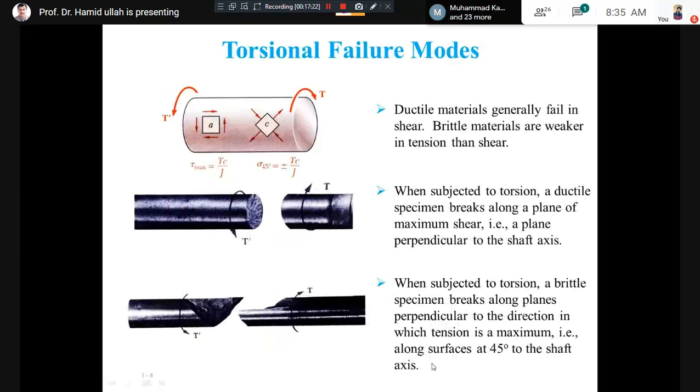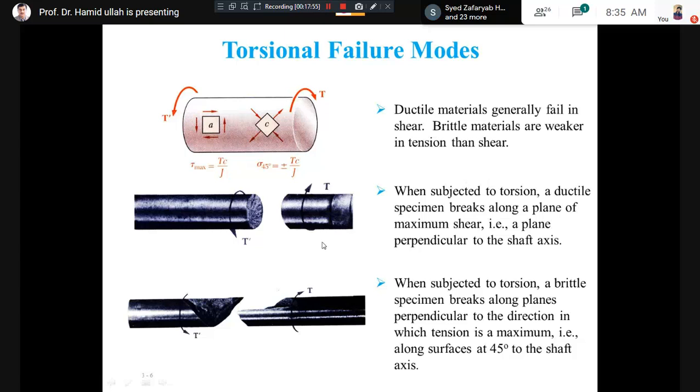When a ductile material is subjected to torsion, shear stress is the stress which is causing failure of the ductile material. But when a brittle material is subjected to torsional load, maximum normal stress is the stress which is causing the failure. Onward, inshallah, in the next part of the semester, there are some theories of failure.